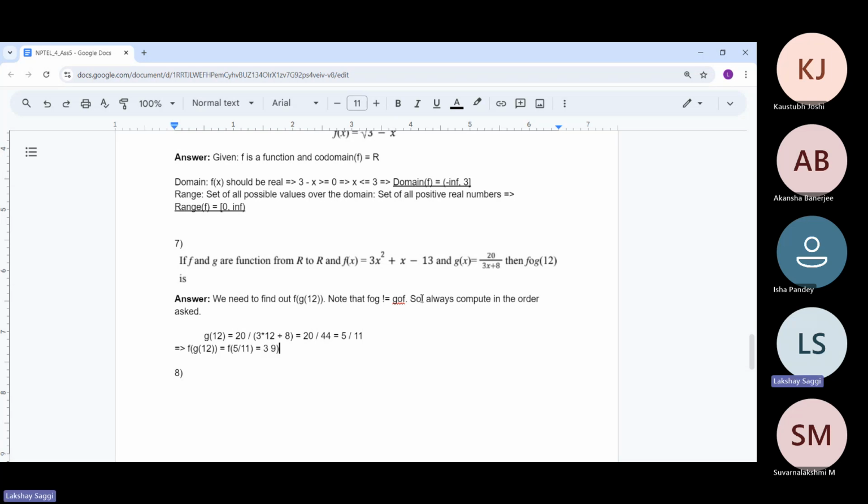So 3 times 5 by 11 squared plus 5 by 11 minus 13, and this is our answer. So what does this come out to? Would anyone like to compute and answer in chat?